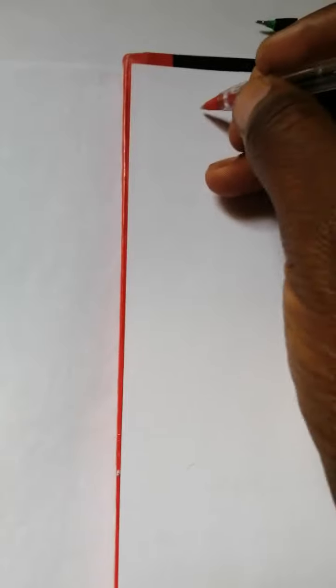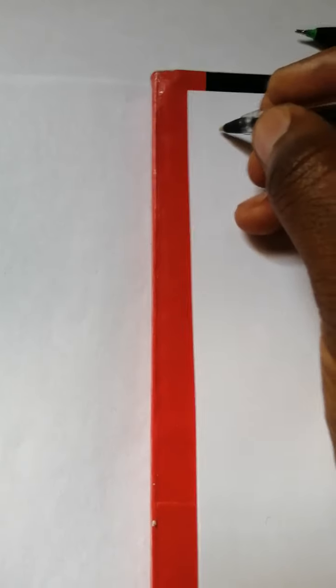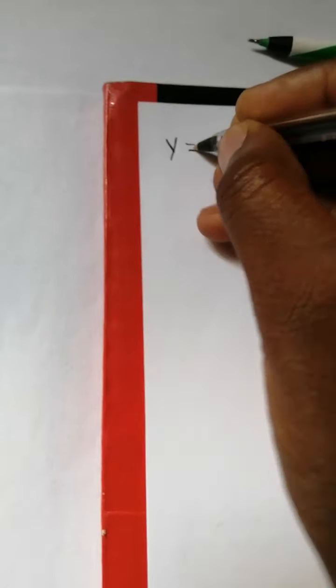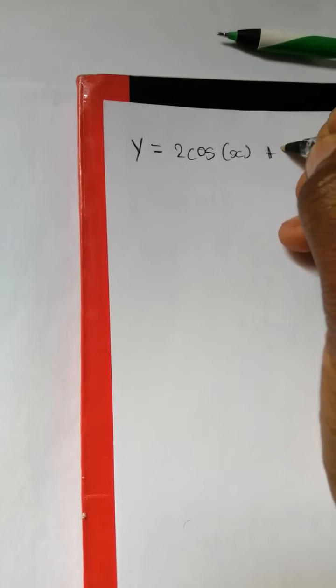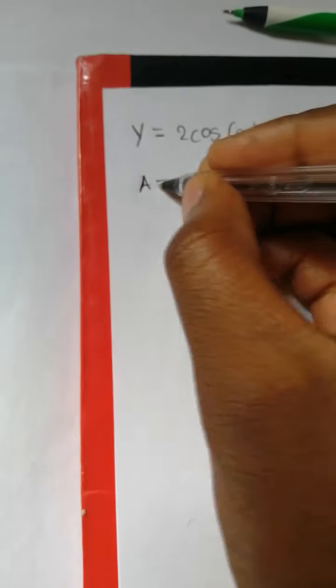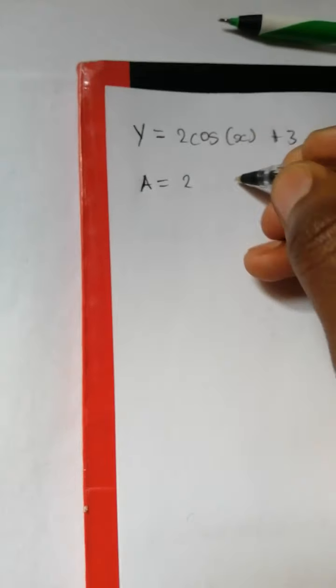So let's say we have y is equal to 2 cos x plus 3. Again, you have to find the amplitude. So the amplitude is equal to 2, and then let's find the upper limit.